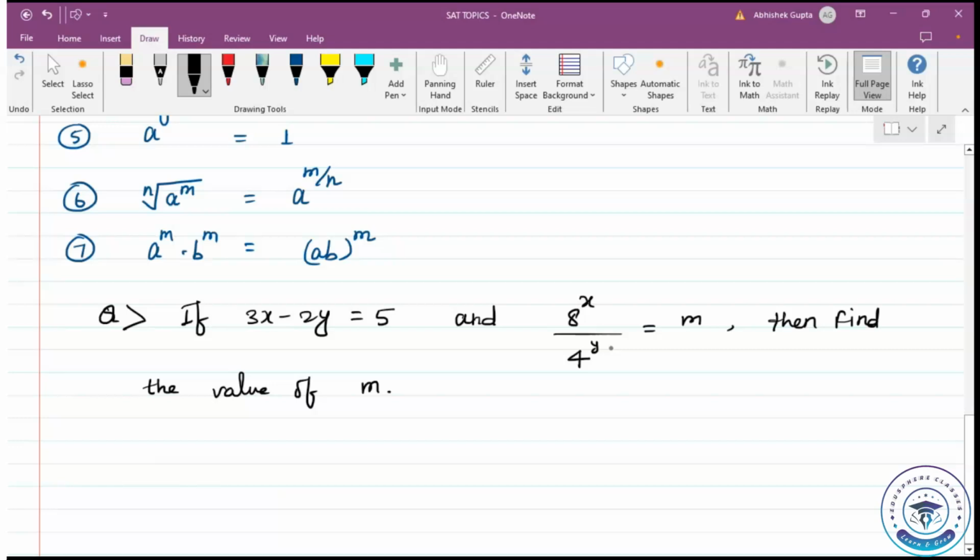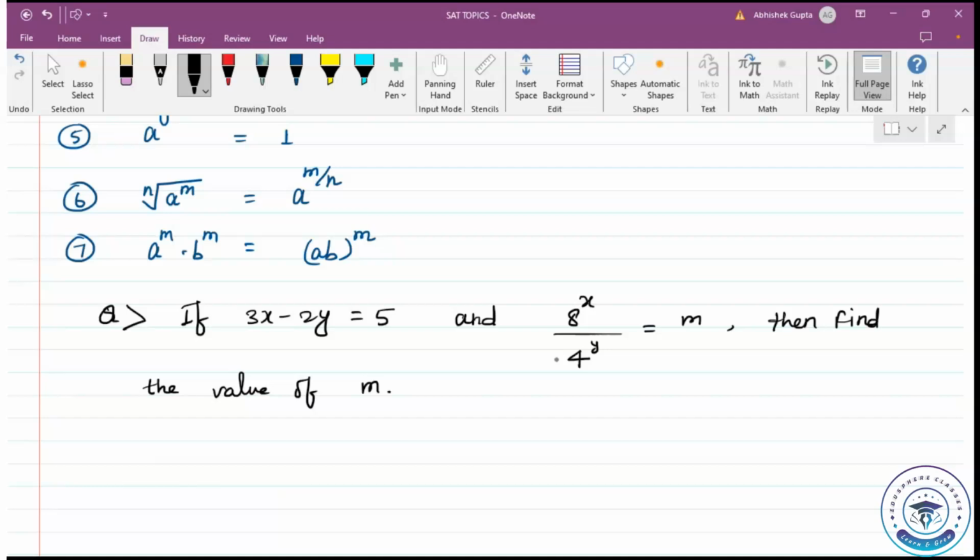Here you can see how we will solve this. The base is different and the powers are different. So the first thing we think is that either we have to make the exponents the same, or we can make the bases the same.